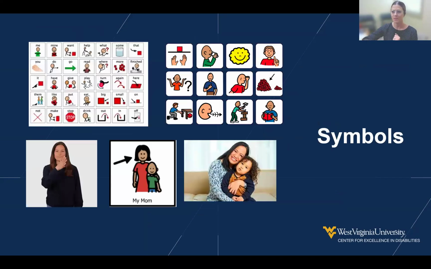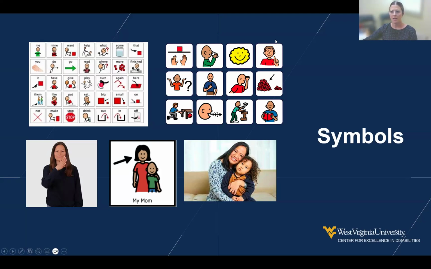Okay, so here are some examples of symbols. In the symbols that you see on the screen, there are a couple of different ways to represent, and this is not, again, the only way to represent. So you'll see examples at the top here. The top left one is another Proloquo symbol set. So you'll see that this is either a core board that you could print and use, or it might be the screen of an iPad.